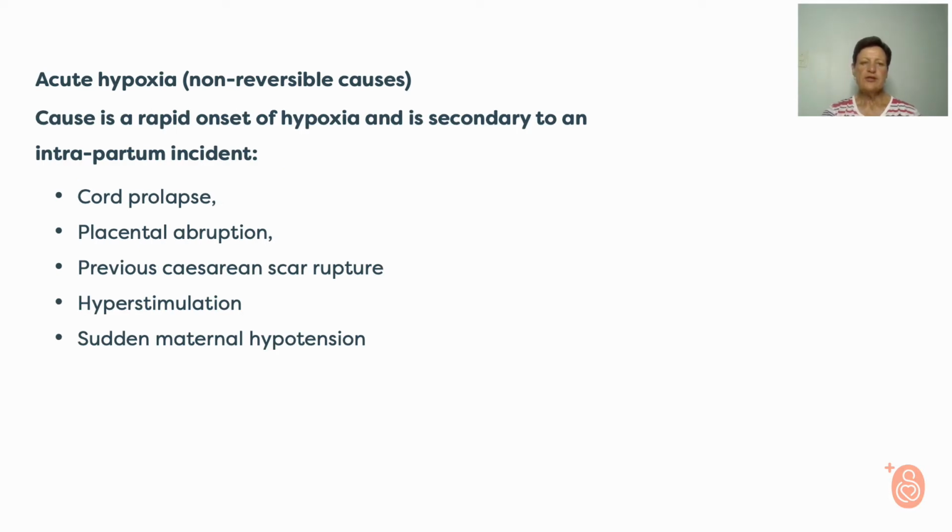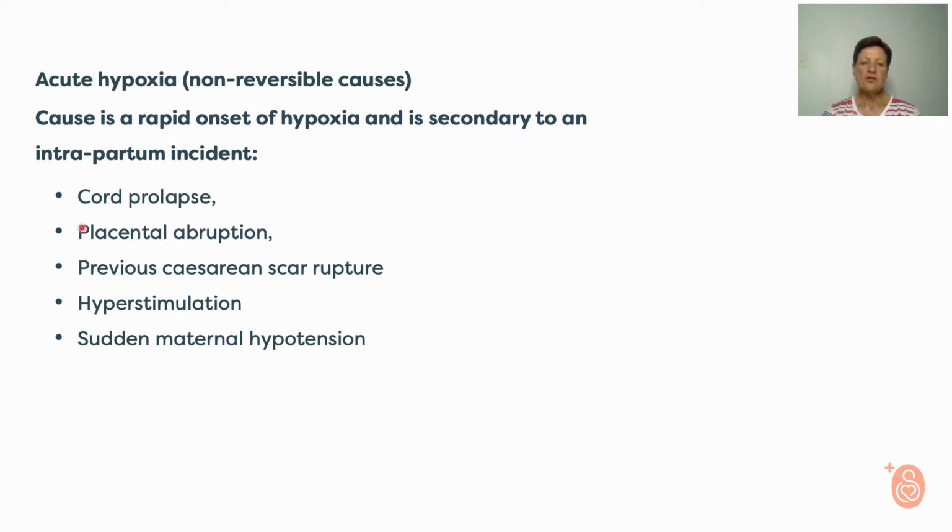And then we have acute hypoxia, which is due to non-reversible causes. It's usually caused by some secondary intrapartum incident, which we also call a sentinel event. So we have this huge intrapartum incident, and secondary to that, we get the onset of hypoxia.